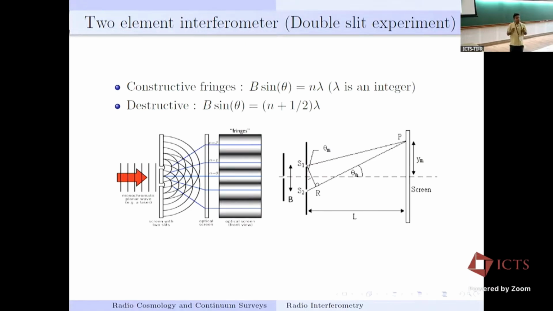Now you cannot say that I have one star, because one star will make bright and dark, right? So if you have two stars sitting there, you will be able to tell by the theta you shift, at which these two patterns match each other.